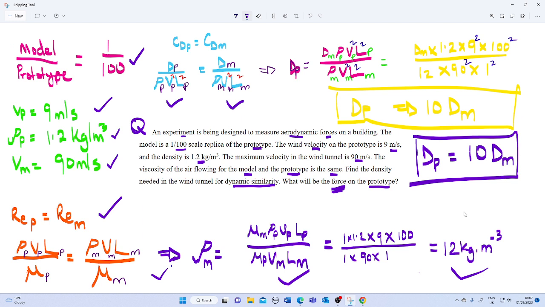Now we are asked to find the drag force on the prototype, which is DP, by using this particular equation given.